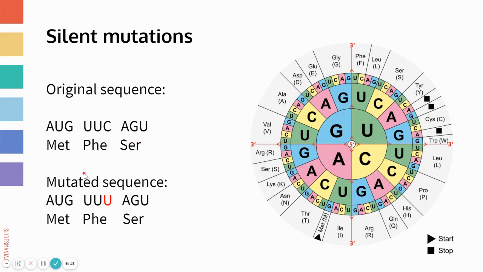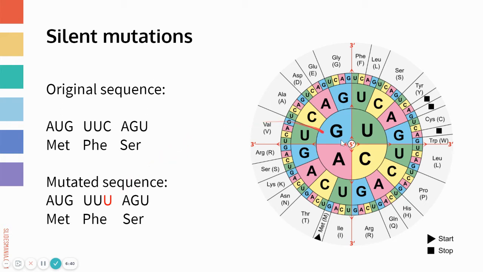So now let's imagine that this same DNA sequence that we used to get this RNA had a mutation. So when we transcribed that DNA into RNA, we have a mutation that's popping up here. And instead of UUC, now for this middle codon, we have UUU.